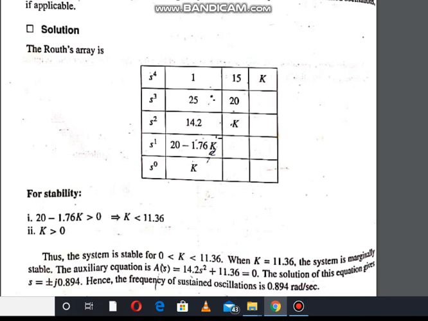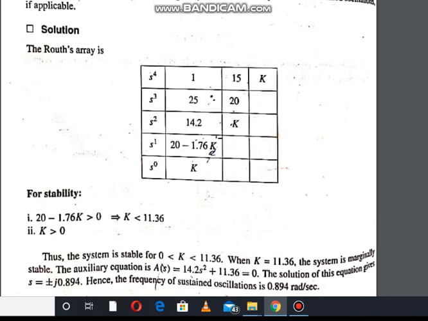So if we want to substitute a proper value of k, then it should be less than 11.36. If it is less than 11.36, then we will get a positive value here. If we substitute a value in the place of k in 20 minus 1.76k, and it is less than 11.36, then we'll get a value greater than 0, some positive value.